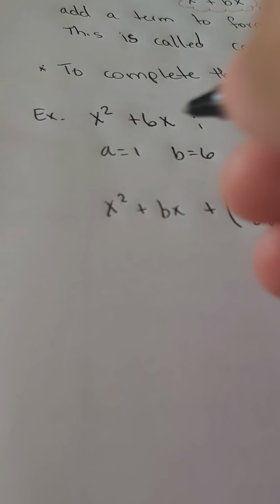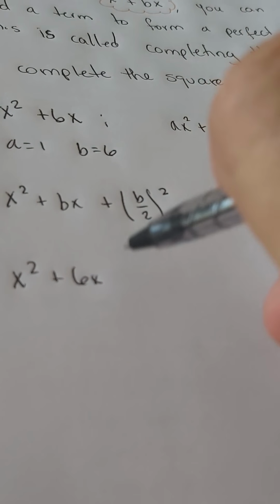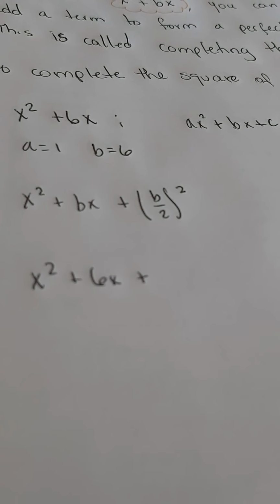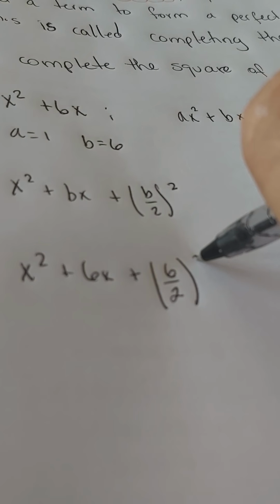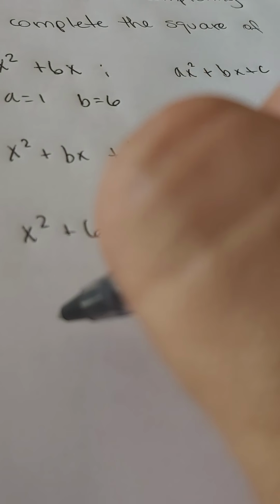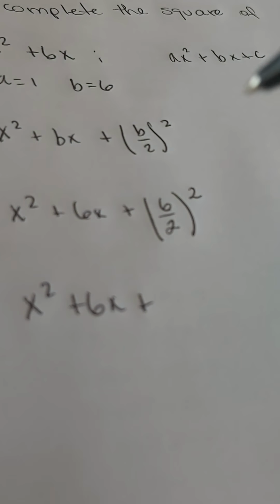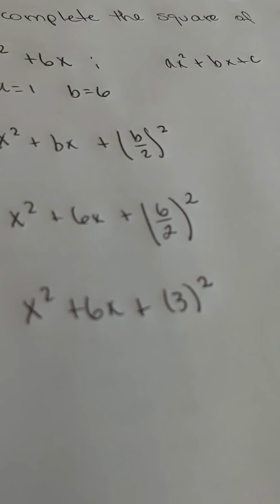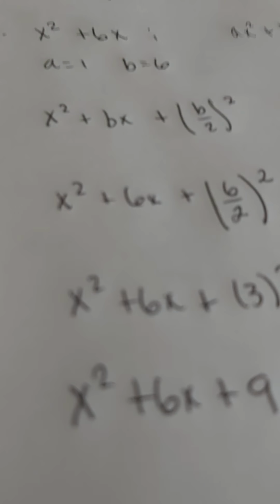So in this case, we have x squared plus 6x plus half of 6 squared. How much is that? Okay, let's simplify this. x squared plus 6x plus half of 6, 3, square that, x squared plus 6x plus 9.